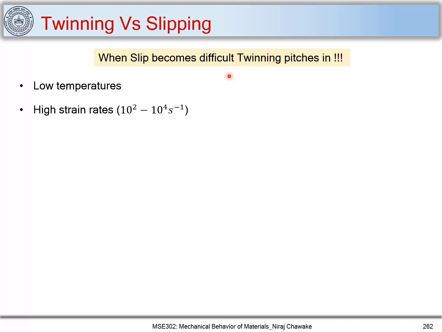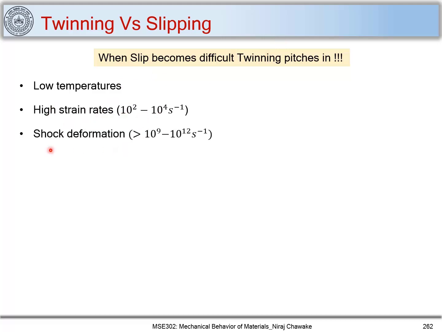The next is high strain rates. When I talk about high strain rates, those are of the order of 10 to the power 2 to 10 to the power 4 per second. At these high strain rates, the material will be subjected to very high or sudden deformation, and that sudden deformation can be accommodated using twinning rather than slip. So the material favors twinning at high strain rates.